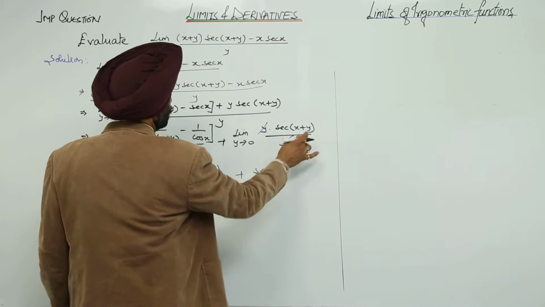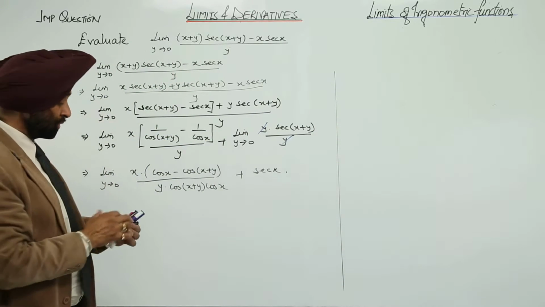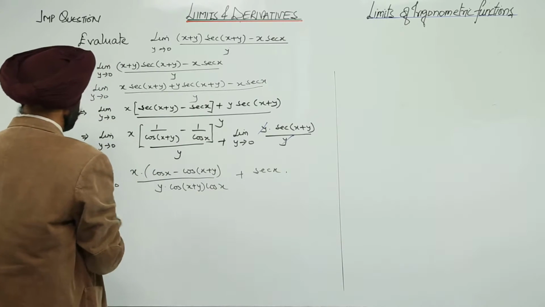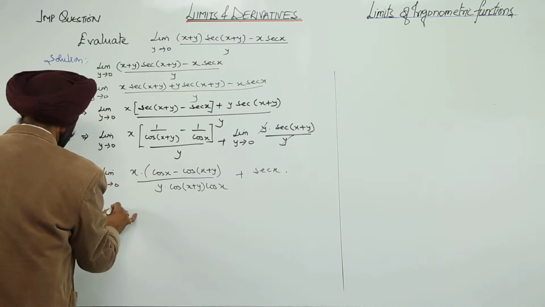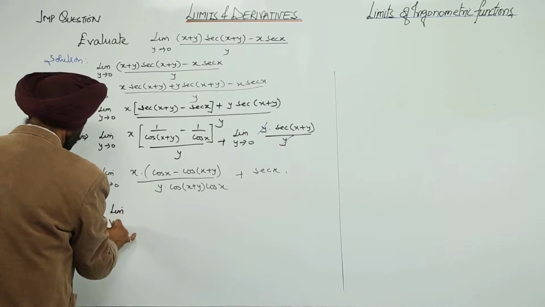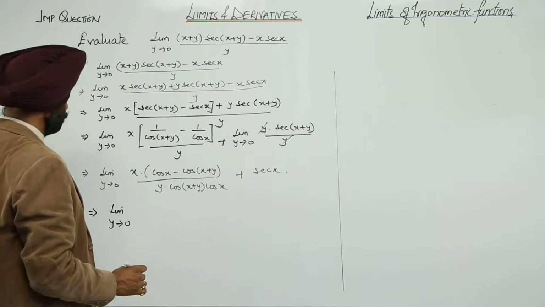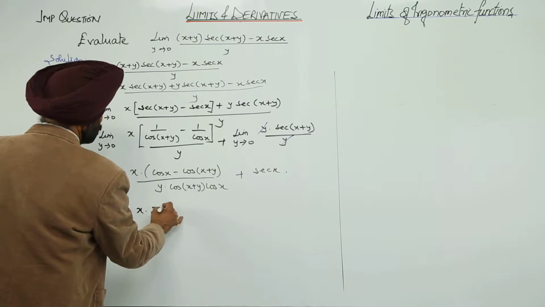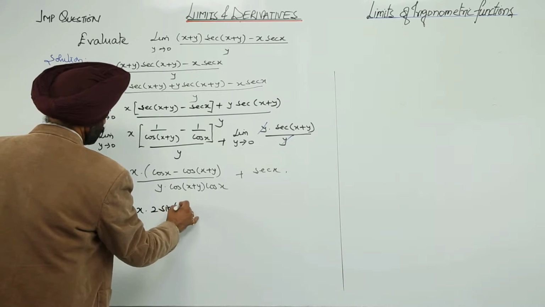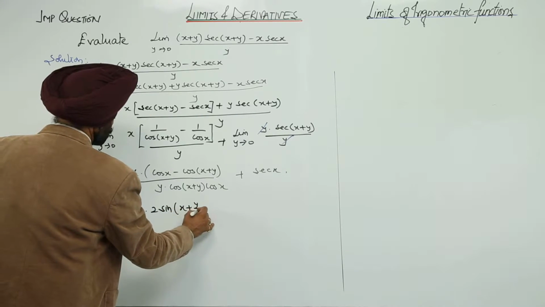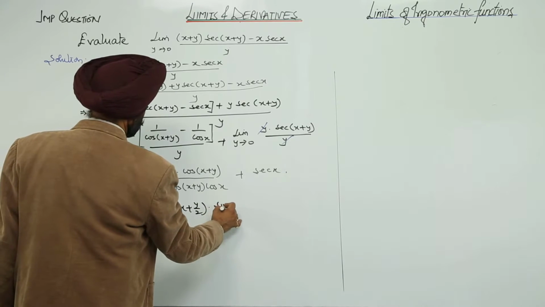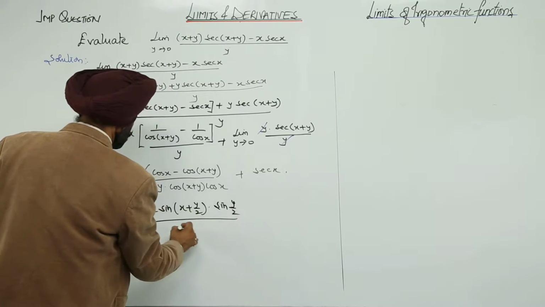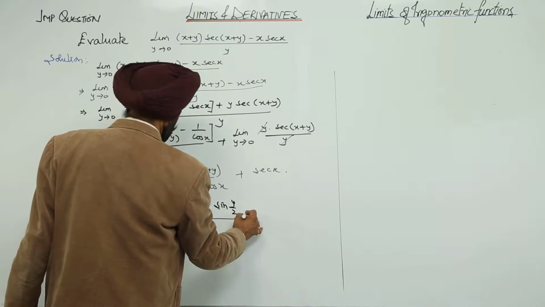Now remember, I have just put y approaches 0 on this side. Okay. Now we are left with this part. Now limit y approaches 0, x, now this becomes 2 sin x plus y upon 2, sin y upon 2, upon y times.